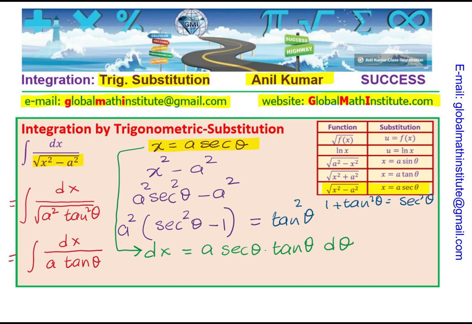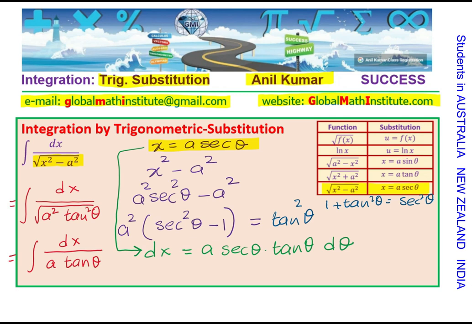Now, if I replace dx with a secant theta tan theta d theta, then you can see that tan theta will cancel, a will cancel, and we'll get integral of secant theta. So that is the whole strategy of solving such questions. And that's the beauty of this substitution, x equals a secant theta. So I hope you have understood this.